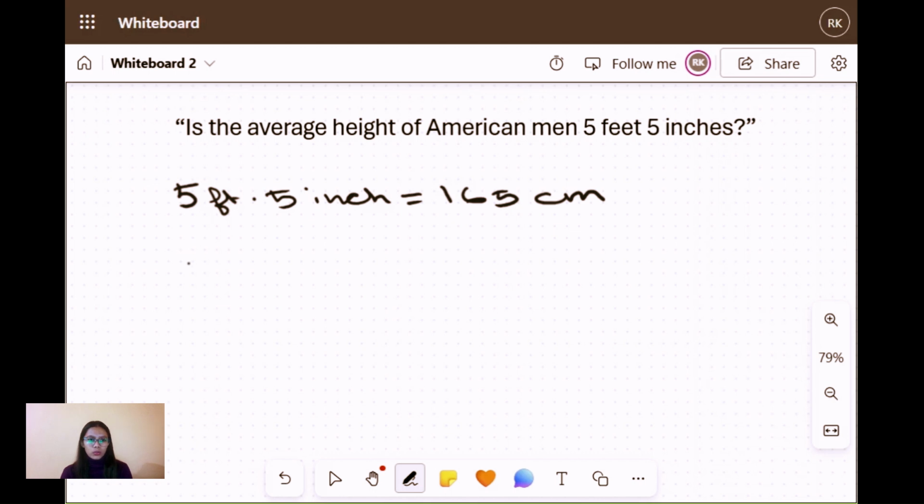Now we also know the average is defined by the parameter mu, and we can assume that here, based on the research question, mu equals 165 centimeters.